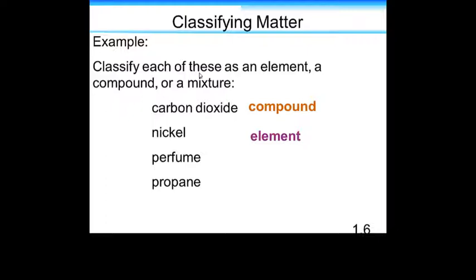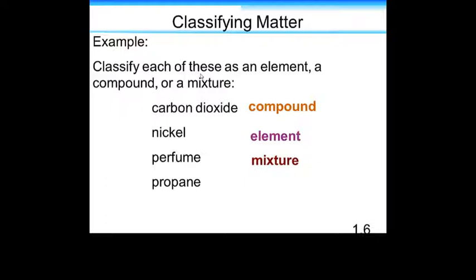Since it's a number of different compounds, it's a mixture. Sometimes it may be difficult to identify if you have a mixture, if you're uncertain of what the example consists of.